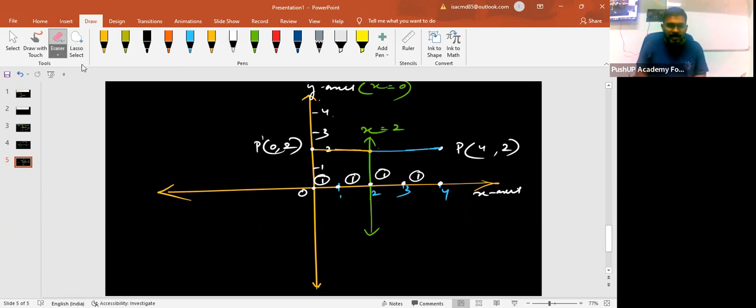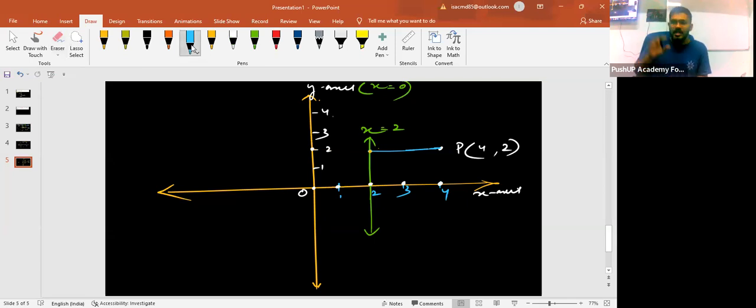Now, let me erase everything and ask you this question once again. Initially, where was the point? 4, comma 2. I asked you to reflect it. Now, children, you know when it is getting reflected, it will go to the other side. Now, when it is going from this point to this point, if you notice, was there any change in the y coordinate?